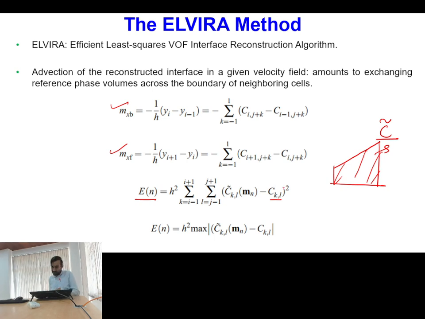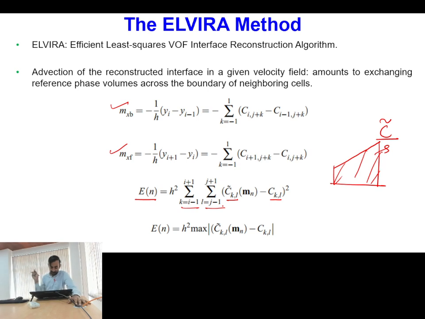So this is my actual value of the color function, and C tilde is the value of the color function obtained after we have chosen any one of the slopes. The difference of these two, squared and multiplied by h squared, summed over the complete stencil, becomes my entire error function.